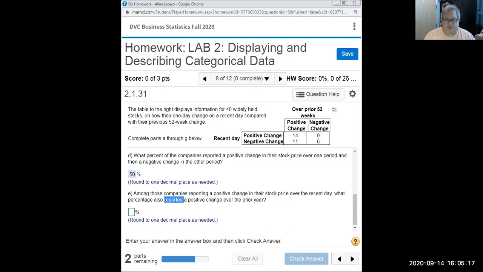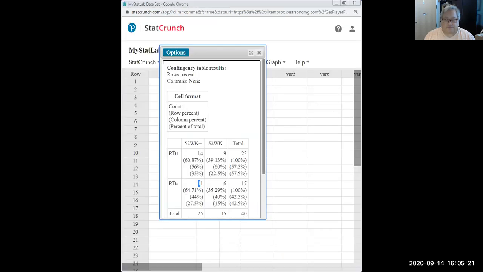So in order to find this answer, I'm going to first focus on the stocks that had a positive change in the recent day. So that's 23 of these stocks. And out of the 23, 14 had a positive change annually. 14 out of the 23 is 60.87%.